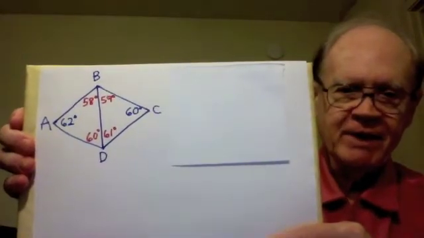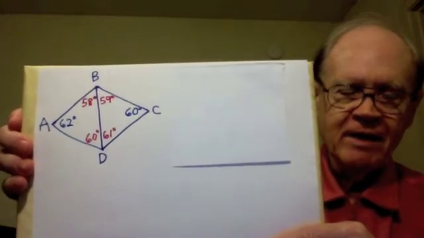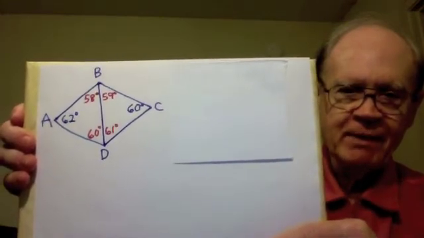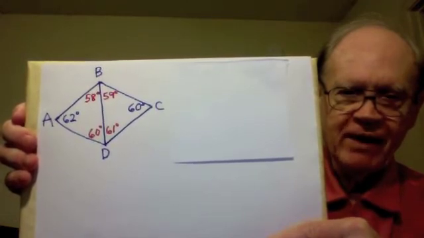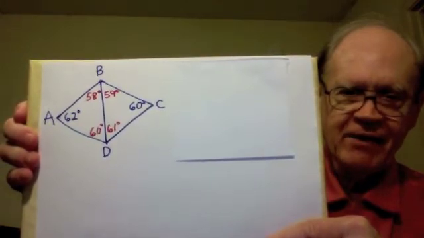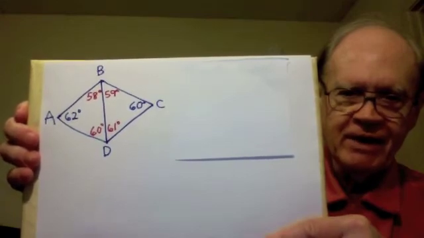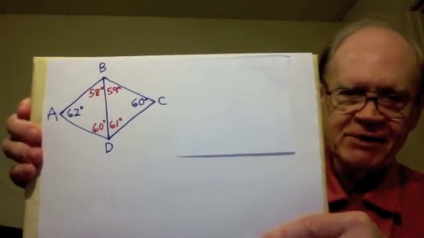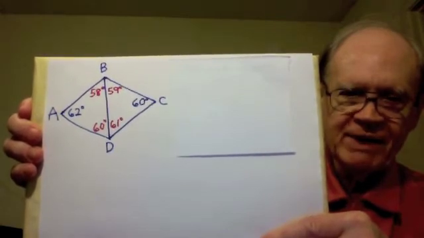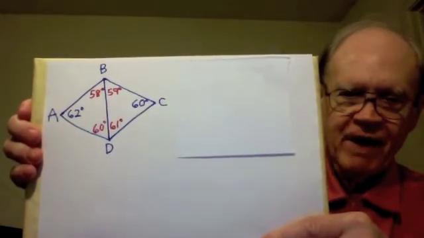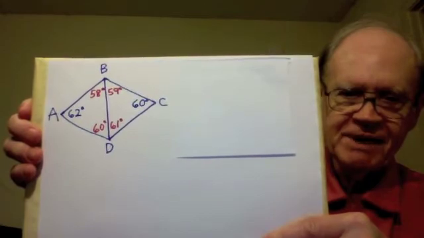In triangle ABD, as in any triangle, the angles have to add up to 180 degrees, so that 58 degree angle and that 60 degree angle added together and subtracted from 180 give angle A to be 62 degrees. And similarly, in triangle BCD, we find that angle C is 60 degrees.